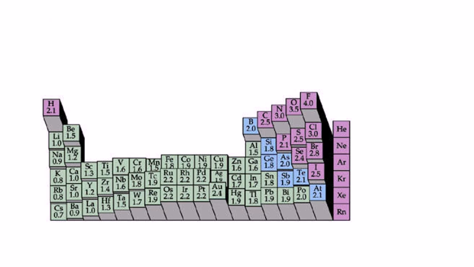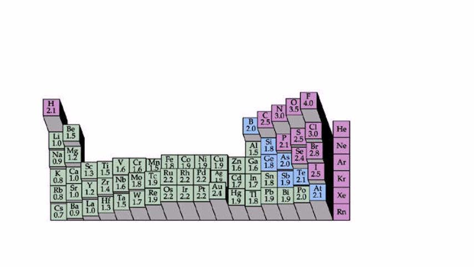So the basic trend that we see with electronegativity is that electronegativity increases as we move to the right. That should come as no surprise, because we're moving from metals over here, which are all metals with the exception of hydrogen.